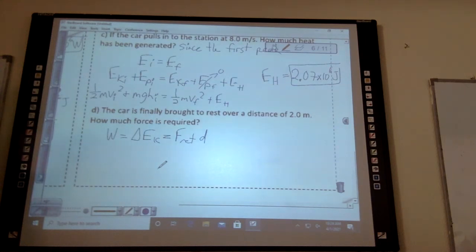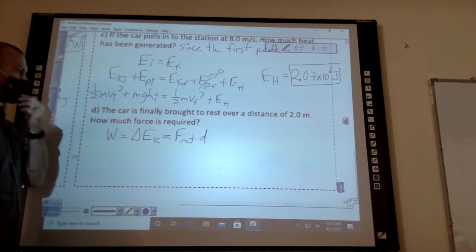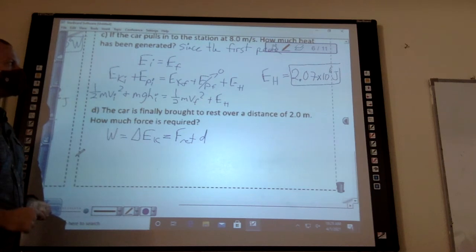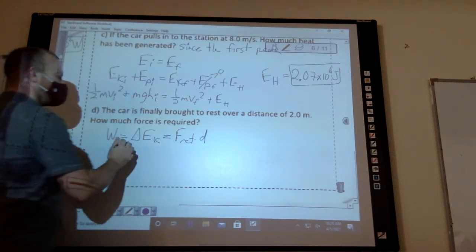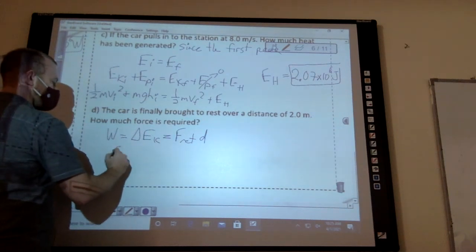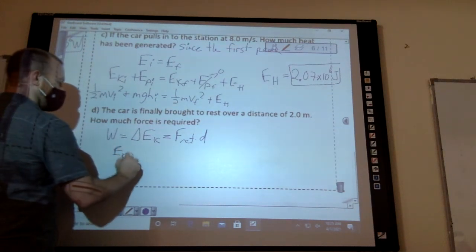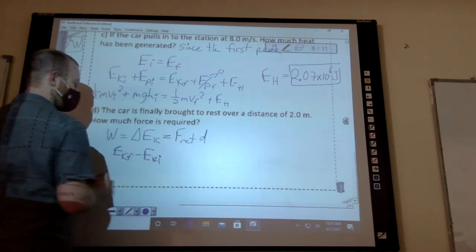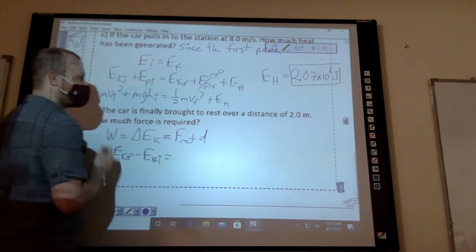So kinetic energy and F net, because we're looking at the whole car. We can figure out change in K. We know the initial speed. So we've got EKF minus EKI equals F net times D.